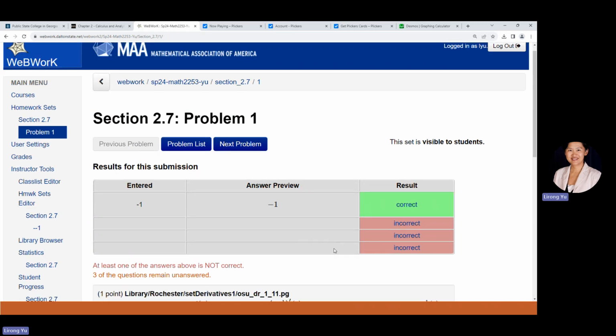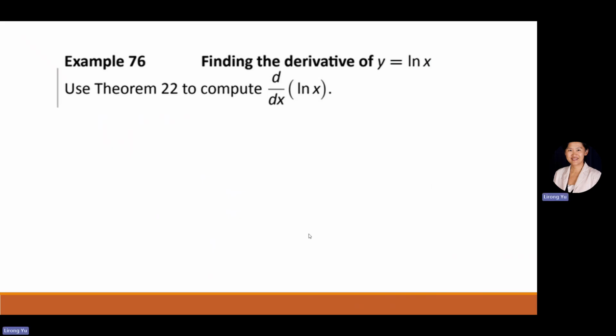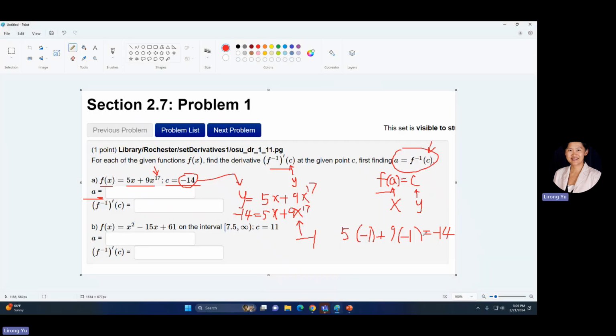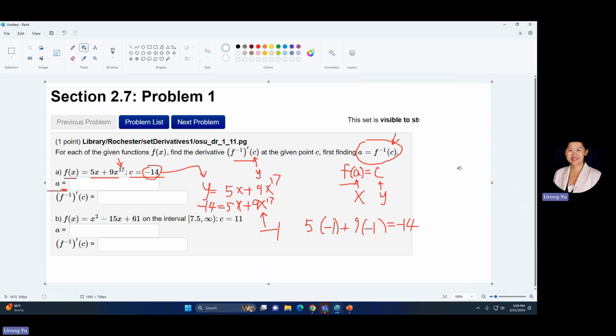Once we figure out the right x and y pair, let's think about the derivative. According to what we just said, the derivative value is supposed to be the reciprocal of the derivative of the original function. So this is equal to 1 over the derivative of the original.